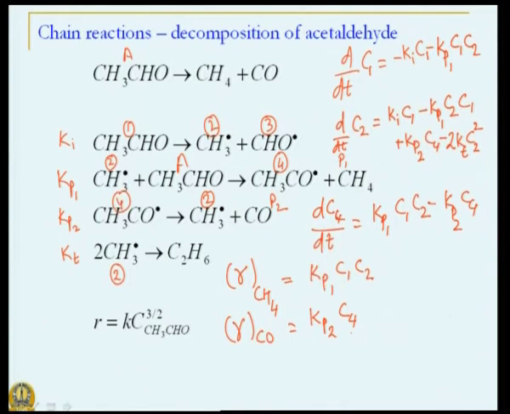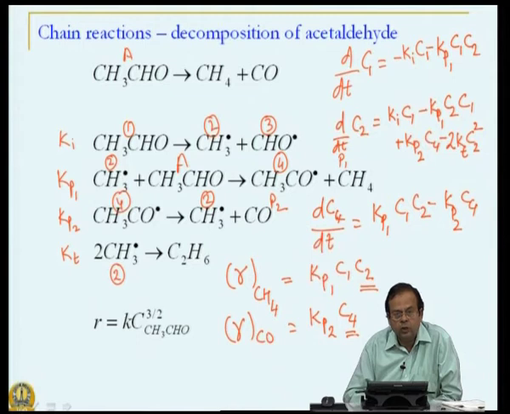okay. Now, if you look at the kinetics expressions, it involves two species C2 and C4, which are radicals, and their concentration is difficult to determine. So, what are we going to do? We are going to use quasi steady state approximation. Why? How do we justify quasi steady state?